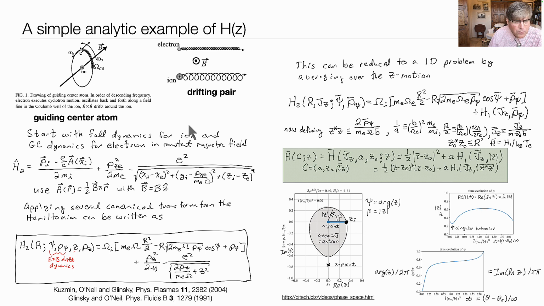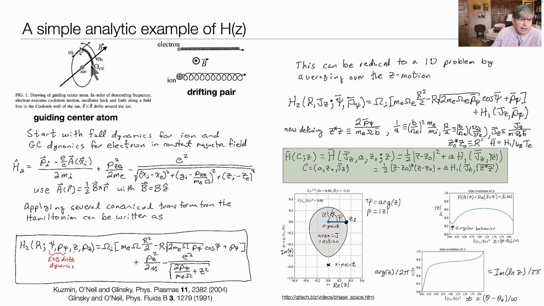There are two basins of attraction, or two types of bound motion. One is what I explored in my thesis, which we called guiding center atoms, where you assume that you have an infinitely massive ion.